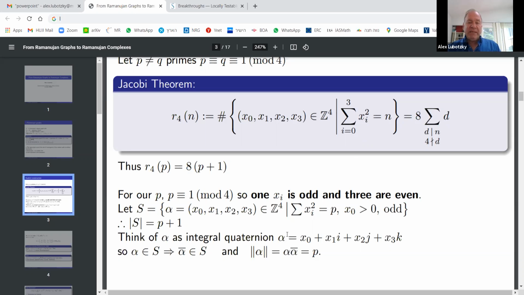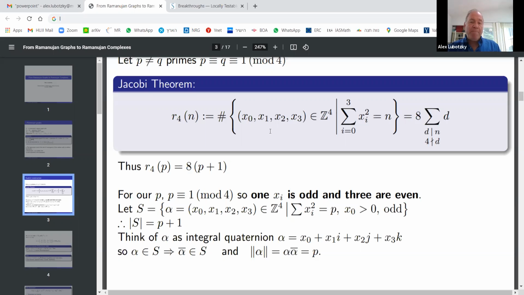So let's normalize, and let S be the set of all 4-tuples as before, whose squares sum up to p, but this time we put x0, the first one, to be odd and positive.